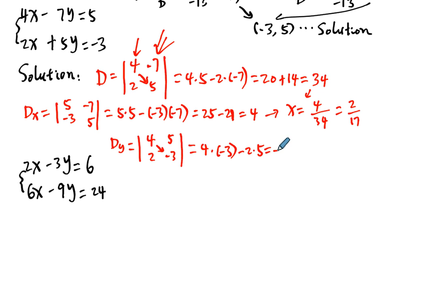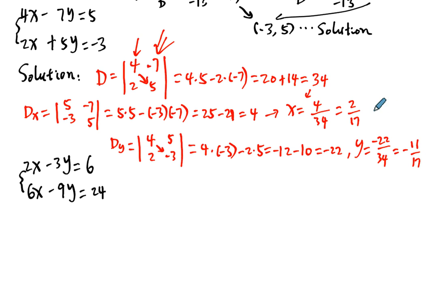That will be negative 12 minus 10, which is negative 22. And then the y value is negative 22 over 34, which is negative 11 over 17.